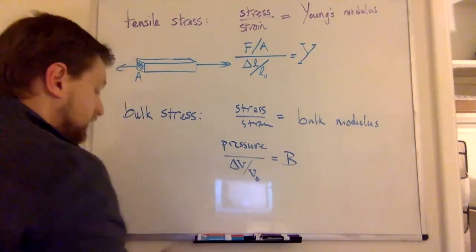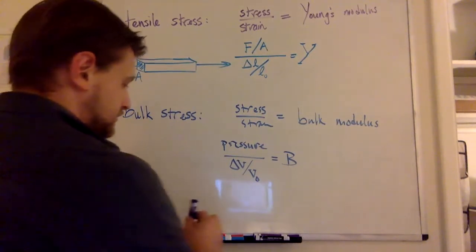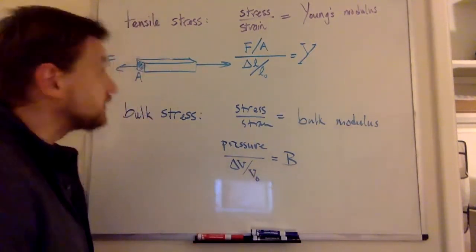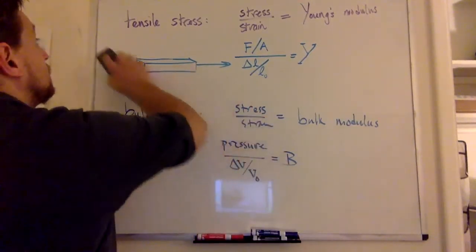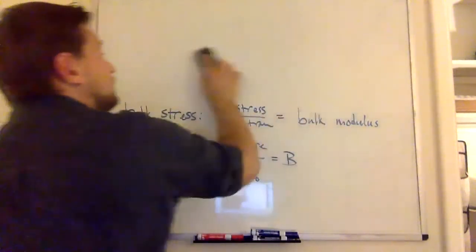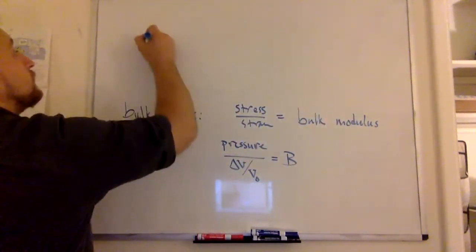Bulk modulus V. And the last kind of stress we're talking about is, I'm out of space, so I gotta erase this. What we're talking about is shear stress. And this one, I gotta draw the diagram for you.